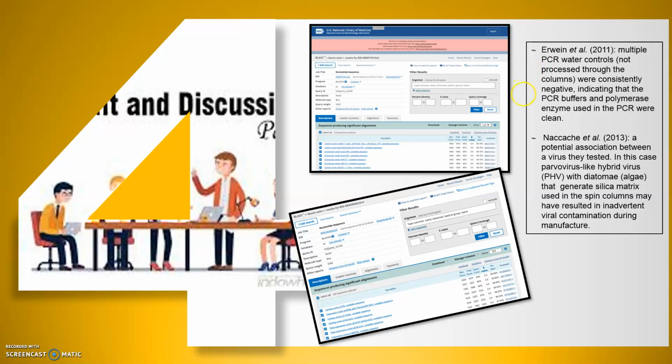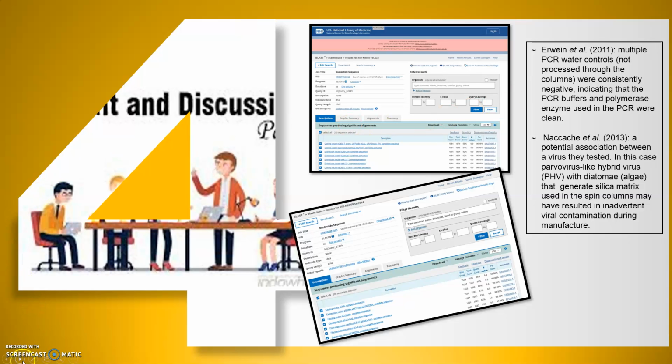Whereas Nasasi et al. found a potential association between a virus they tested, in this case a parvovirus-like hybrid virus, and diatomaceous earth, which generates the silica matrix used in the spin columns, that may have resulted in inadvertent viral contamination during manufacture.